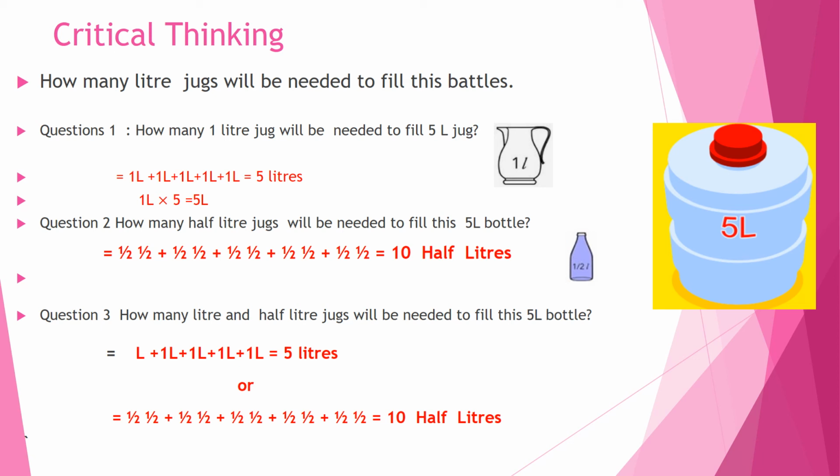Okay, we can add 1 liter plus another 1 liter plus another 1 liter and another one. We add 1 liter how many times? 5 times. And it's going to give us how many liters? 5 liters of water. Good job.